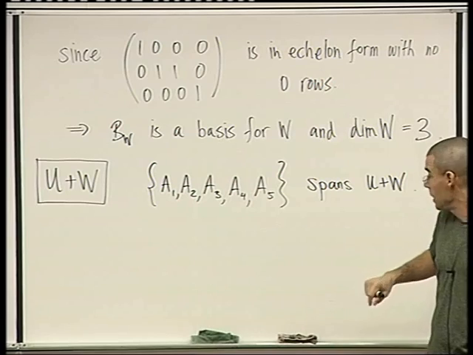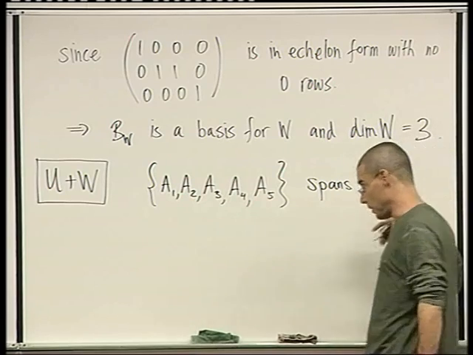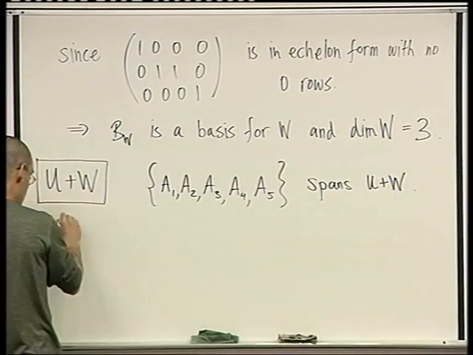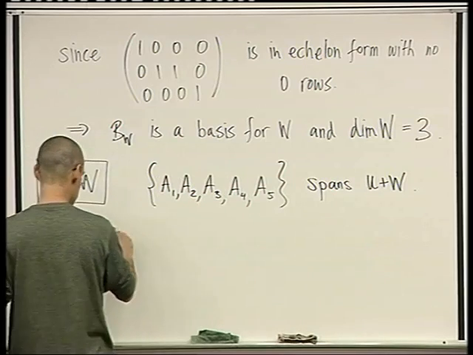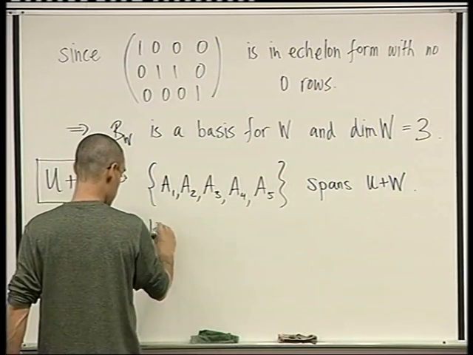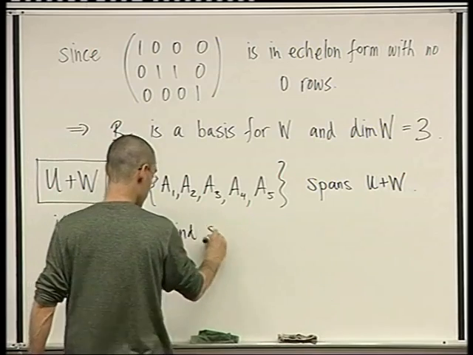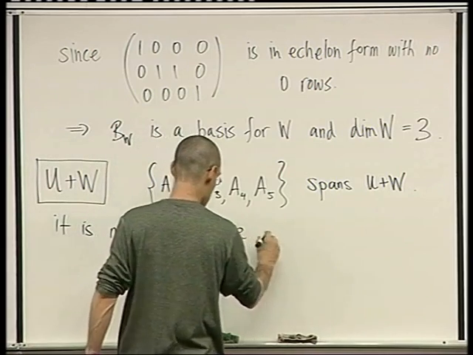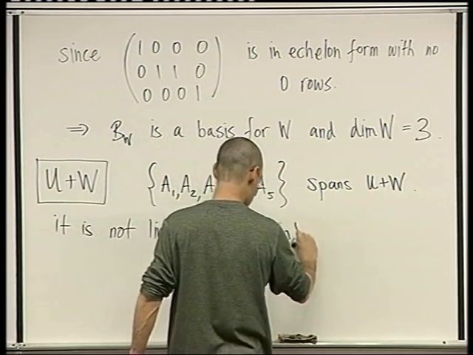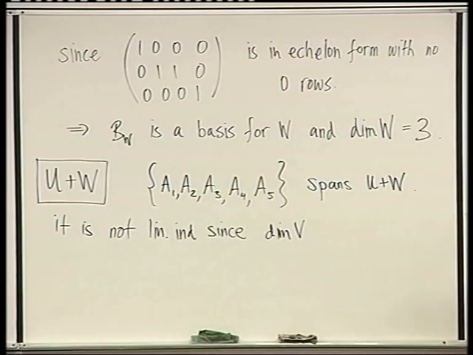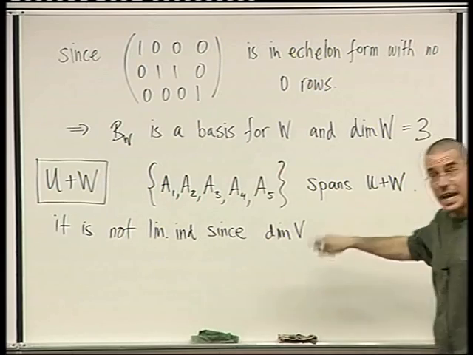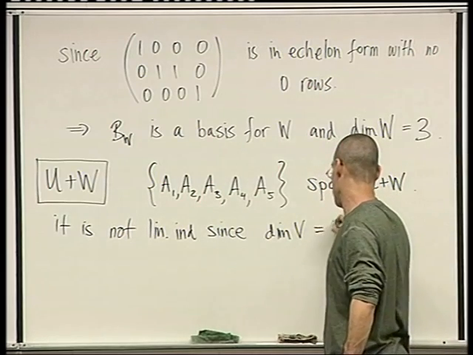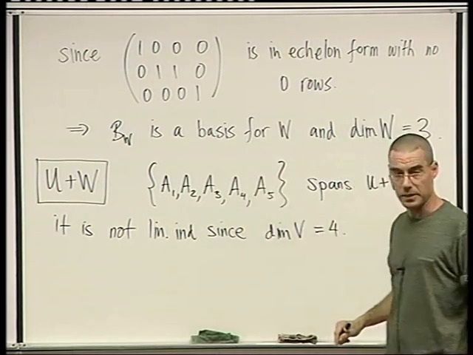Do you agree? So this spans U plus W. It is not linearly independent since the dimension of the ambient space is 4, and this has 5 elements.